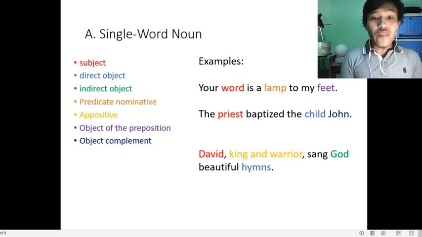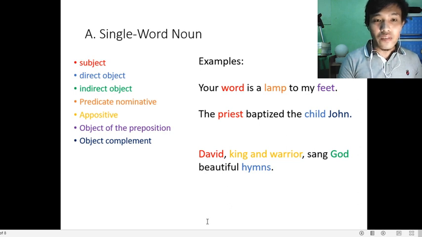Again, David, king and warrior, sang God beautiful hymns. So here, what is our appositive? The appositive here is king and warrior. Well done. Okay, let's proceed.